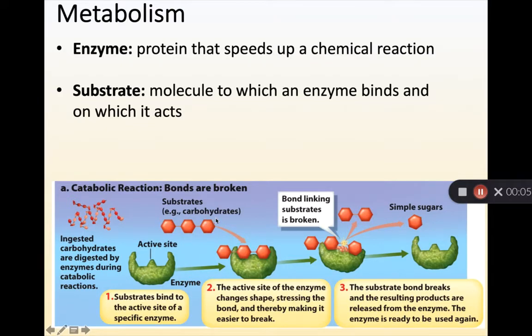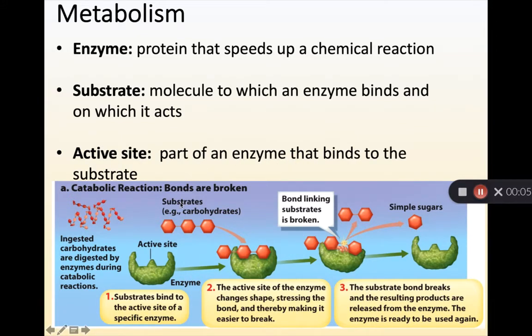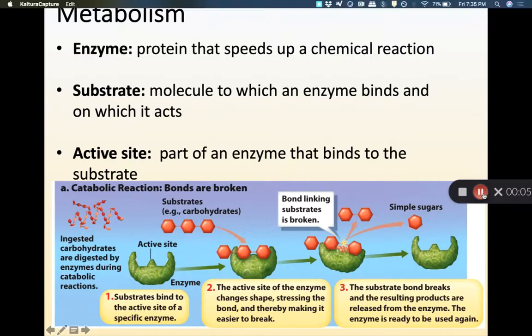So in this case, our substrate is the carbohydrate. But then lastly, we have the active site, and that is where the substrate binds to the enzyme. So again, this is just the vocabulary that biologists use to explain the process of metabolism.